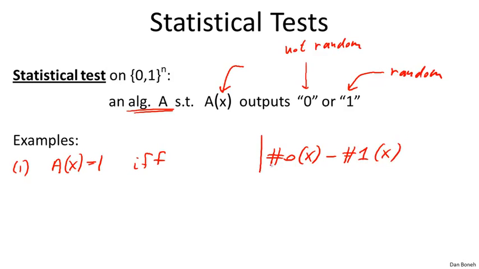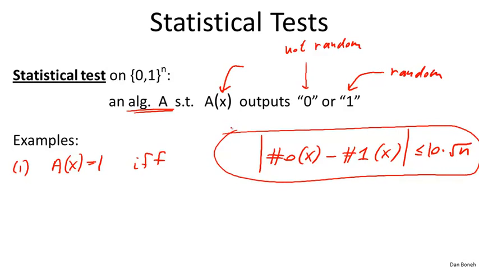Let's just say the difference between the number of zeros and the number of ones is less than 10 times the square root of n. If the difference is less than 10 times the square root of n, the statistical test will say, hey, the string x looks random. If the difference happens to be much bigger than 10 times the square root of n, that starts to look suspicious, and then the statistical test will say, hey, the string you gave me does not look random. Okay, so this is our first example of a statistical test.